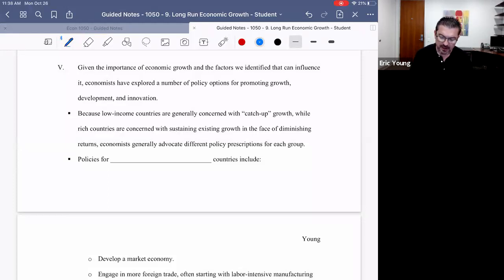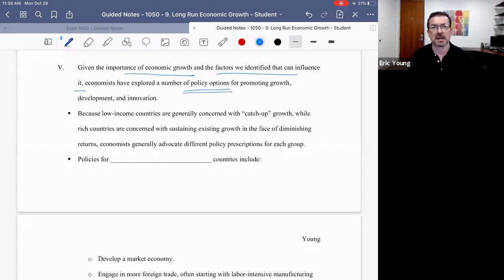What we want to really talk about here is this. Given the importance of economic growth, given that we understand how critical it is, and given that we understand the factors that can influence it, economists oftentimes ask the question and debate heavily around this.